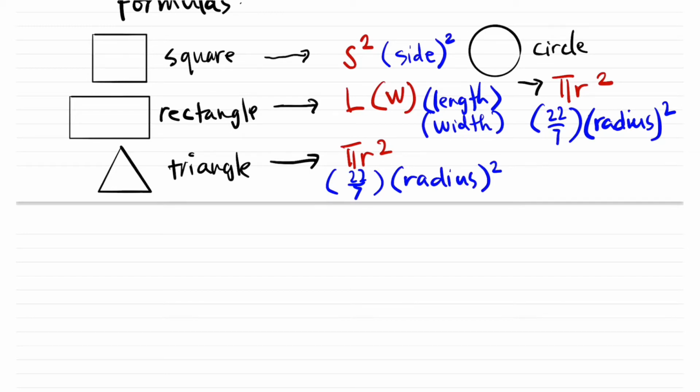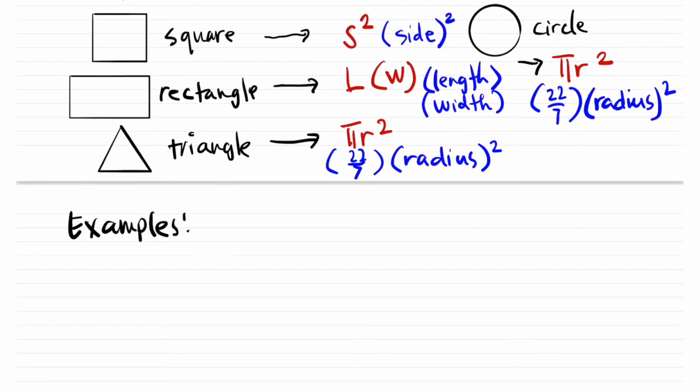So let's have an example. First, we have a square, and the measurement is 6 meters.